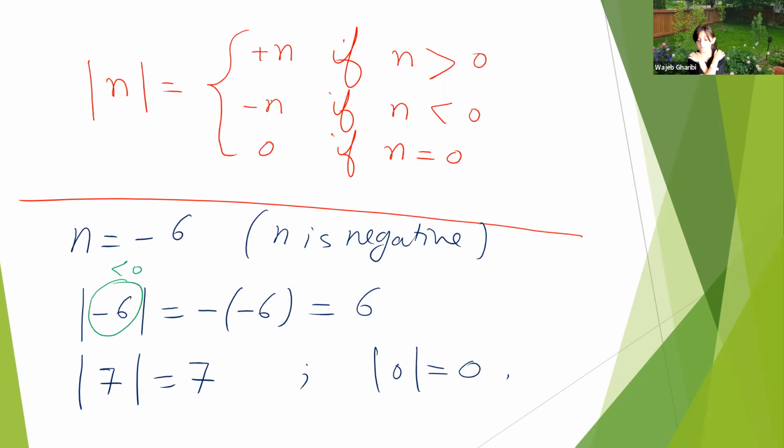So we apply this formula, negative n, and negative times negative will be positive. So the absolute value is always positive.